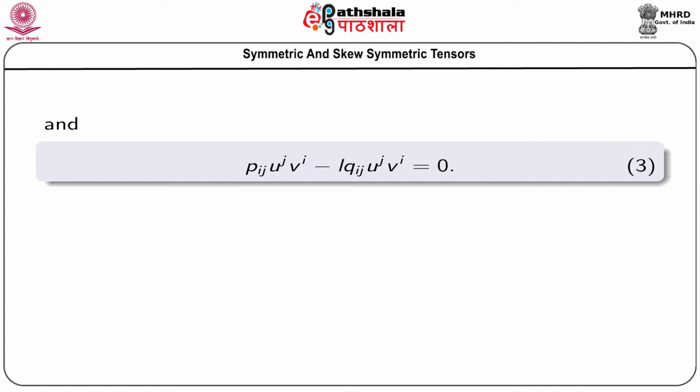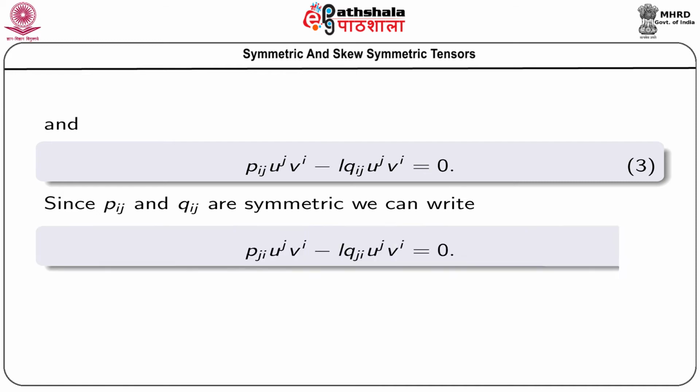Here also we get Pij Uj Vi minus L Qij Uj Vi equals 0. Since Pij and Qij are symmetric tensors, we can write Pji Uj Vi minus L Qji Uj Vi equals 0.